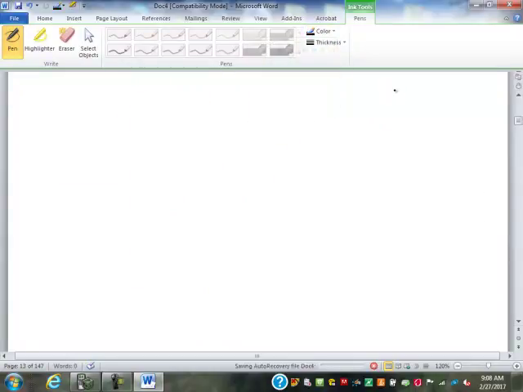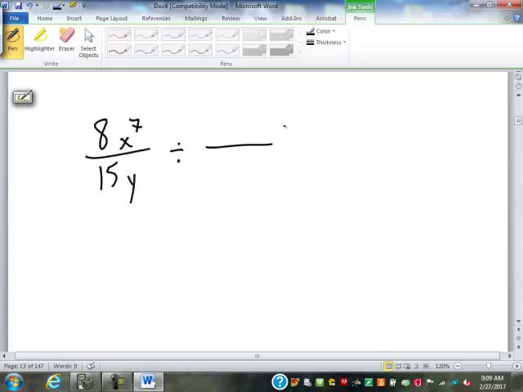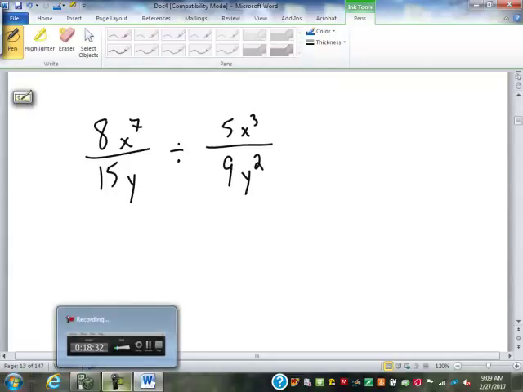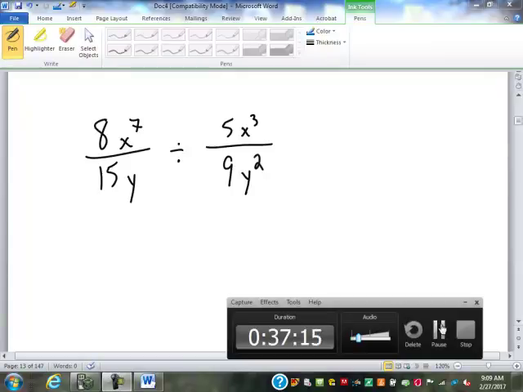I'm going to have you guys try one in your notes. Give that one a shot. 8x to the 7th over 15y divided by 5x to the 3rd over 9y squared.